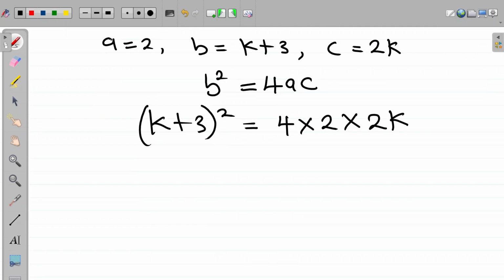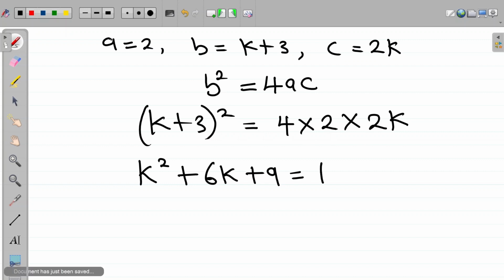Now, let us expand the bracket on our left hand side. So we have that k squared plus 6k plus 9 equal to 4 times 2, which is 8, 8 times 2k is 16k. At this point, we can collect like terms and group terms together. So we move 16k to the left hand side.